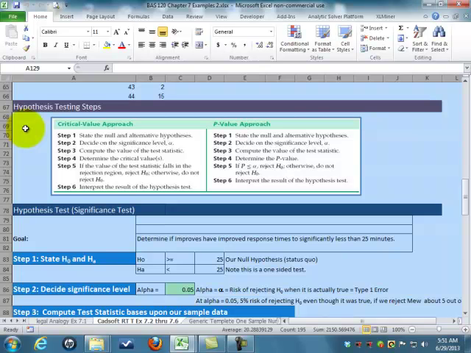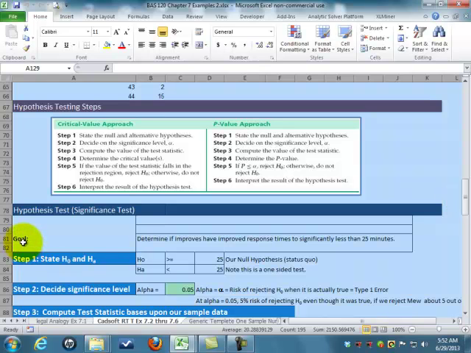If it falls within the non-rejection region, we will not reject, and we will conclude the null hypothesis has not been disproven. Remember, we never prove that the null hypothesis is true. We just prove that it cannot be rejected.